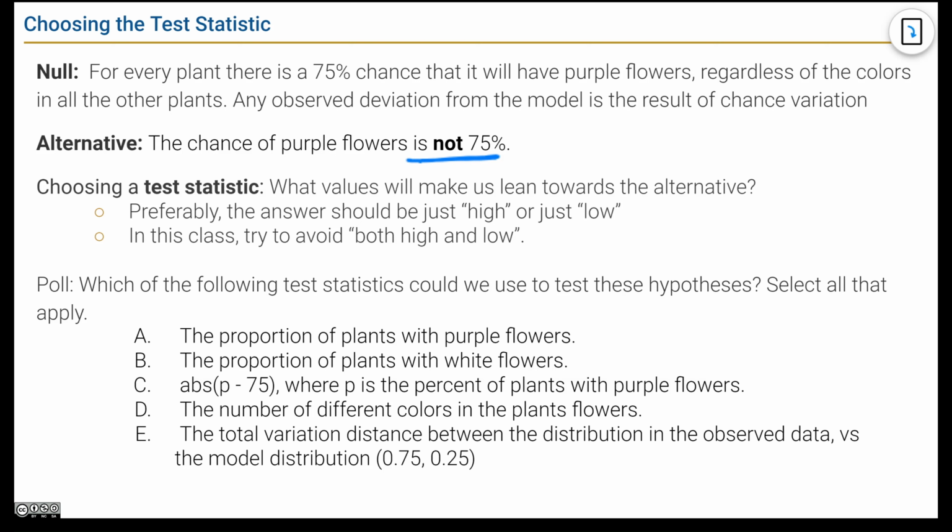This is where absolute value is going to come in helpful in our class. So notice if I take the absolute value between the percent of plants with purple flowers and 75, that's going to check both low and high values for me at once. And so that would be a great one to use. The number of different colors in the plant's flowers, well, again, this is just going to be 2 in the sense that we only have purple or white, so that's not very useful.